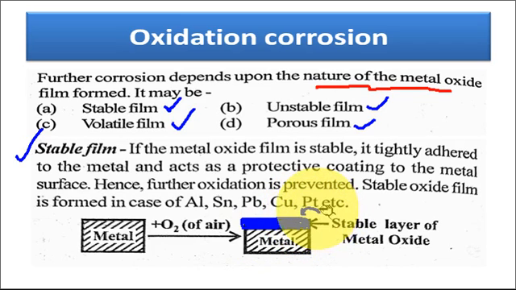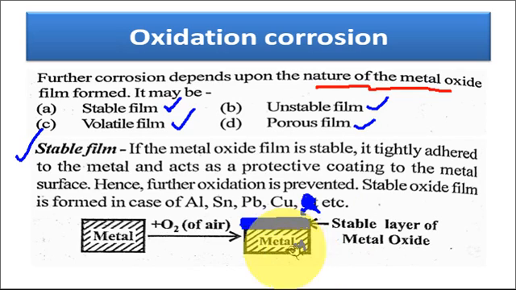Now oxygen cannot come into direct contact with the metal atoms because there is a barrier of the stable metal oxide layer between them. So this stable oxide layer will protect the metal surface from further attack. So in this case, what happens here?